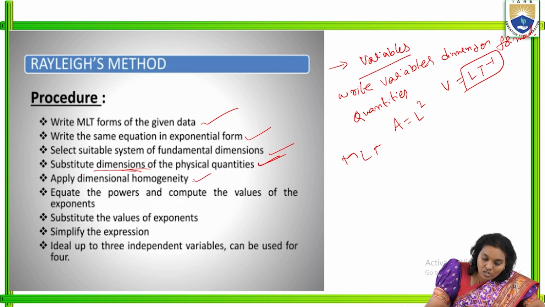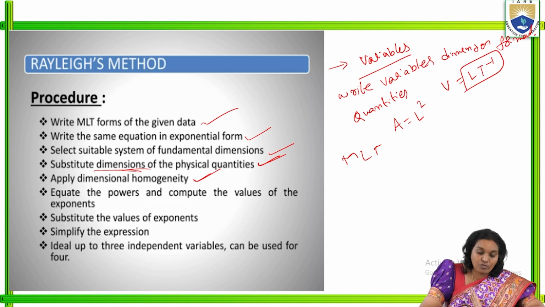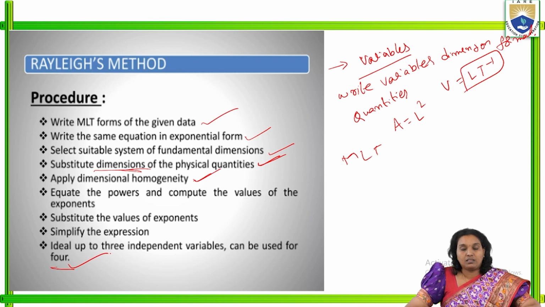Apply dimensional homogeneity, equate the powers and compute the values of the exponents. Substitute the values of the exponents and simplify the expression. This is the procedure we follow for Rayleigh's method.